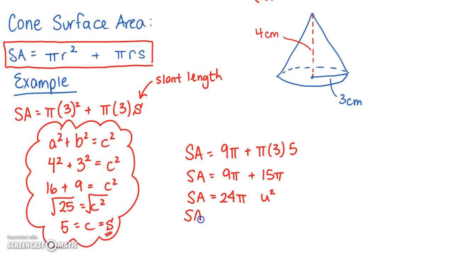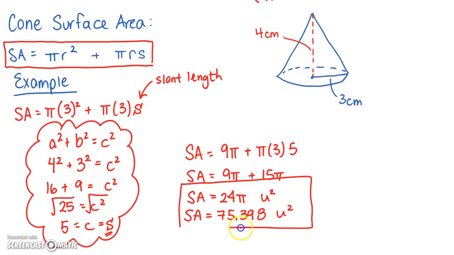So you get 75.398, to 3 decimal places, units squared. Okay. So these are both appropriate answers. One is left in terms of pi and one is a decimal approximation. So this one is an approximation, and that one is exact because it's in terms of pi.